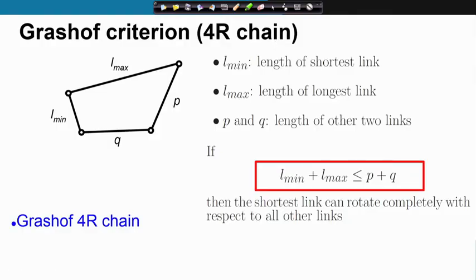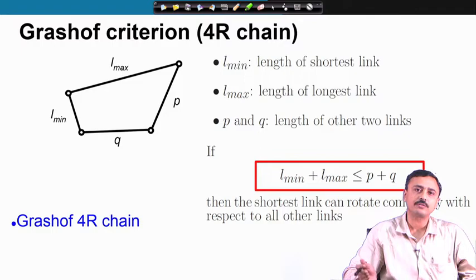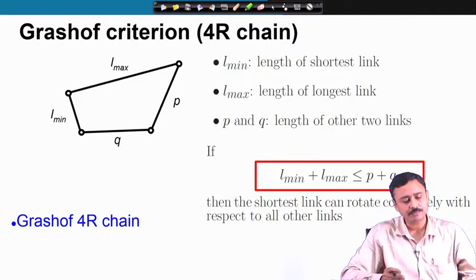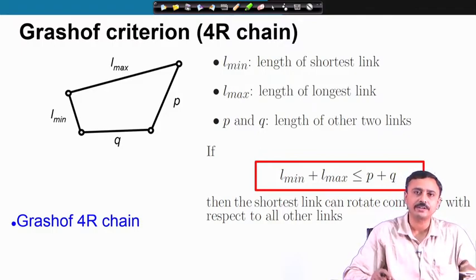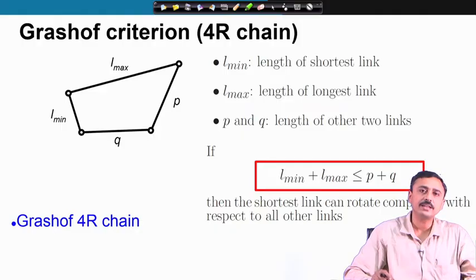If the dimensions of a chain are such that it satisfies this Grashof criterion, then we say that the chain is a Grashof 4R chain.